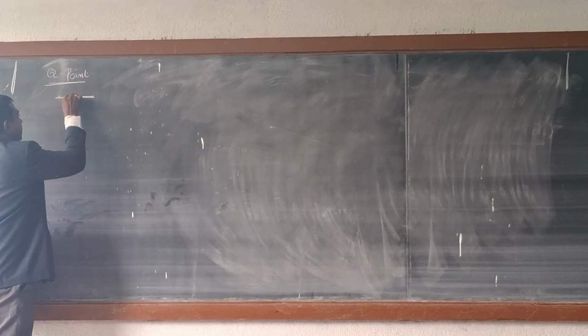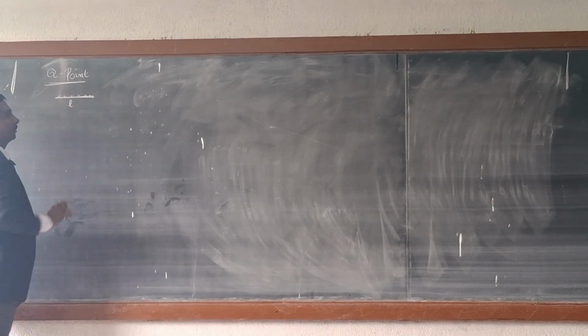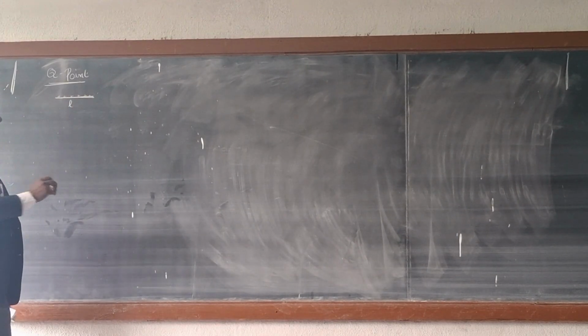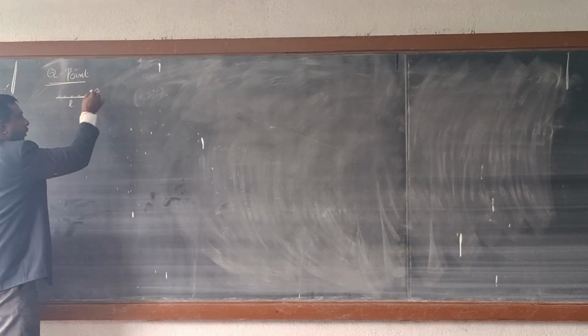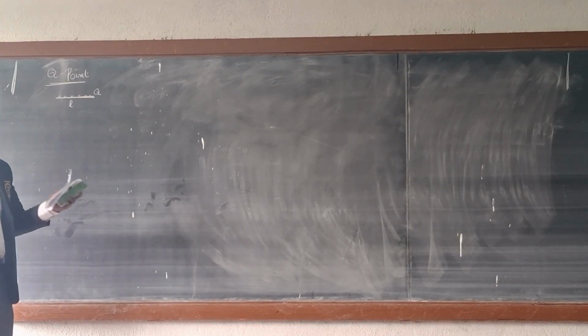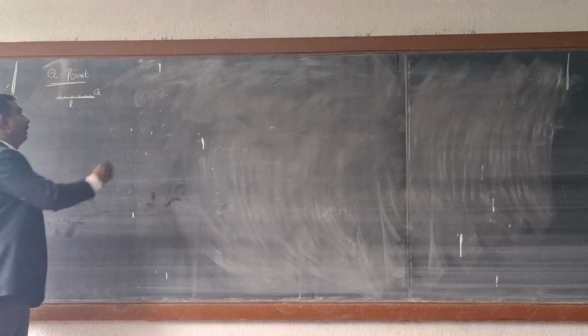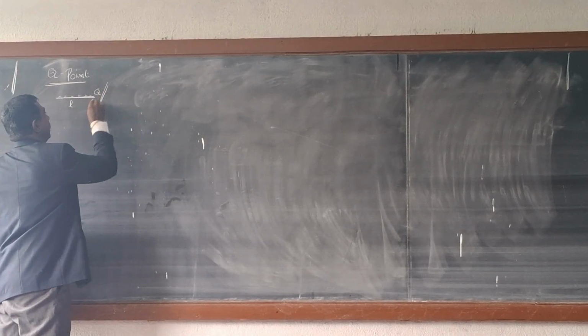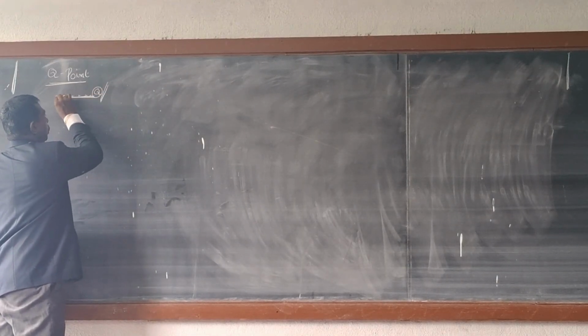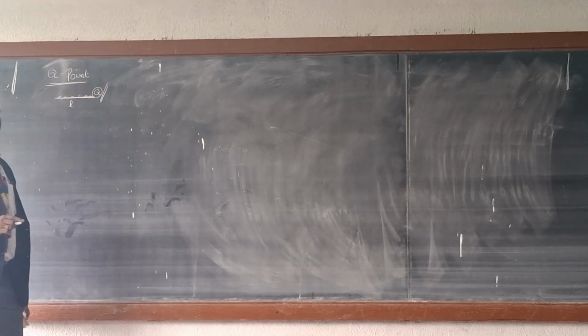So there are so many charges there. Let the total charge be Q. Here Q is not an individual charge, it is a total of all the charges. Now, this Q charge is distributed throughout the length L of a line.